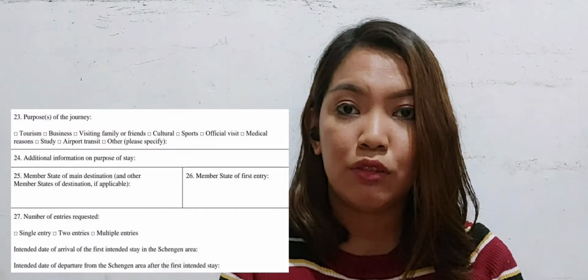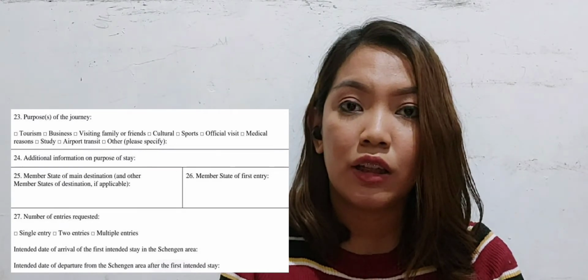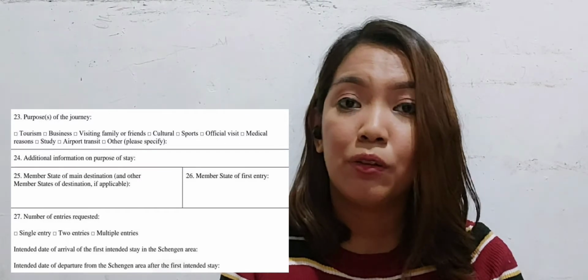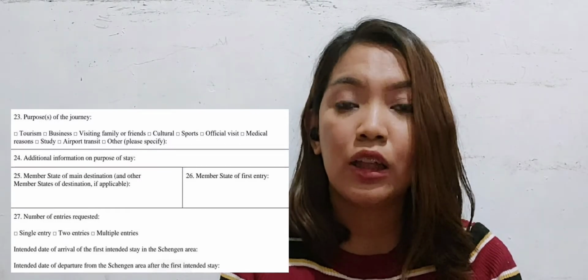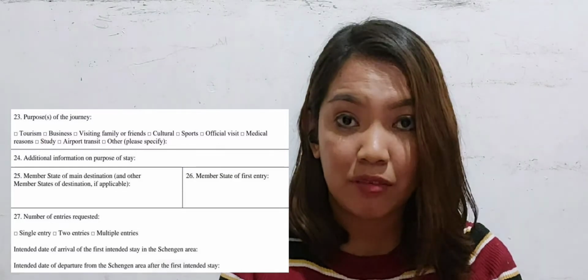For this one, if it's just 1 entry, obviously, once you've entered the Schengen area and then you decide to leave the Schengen area, you can no longer enter again unless you apply for another Schengen visa.